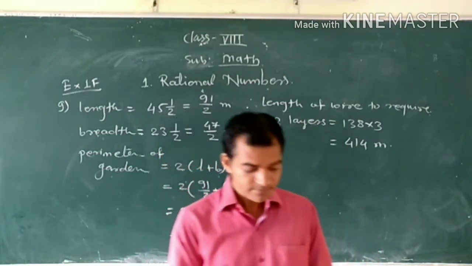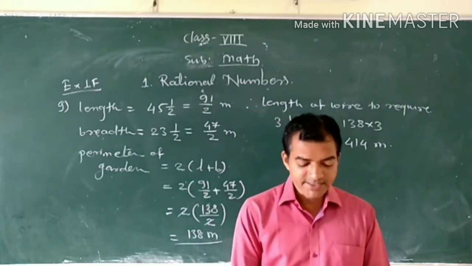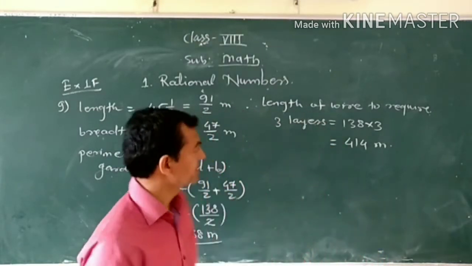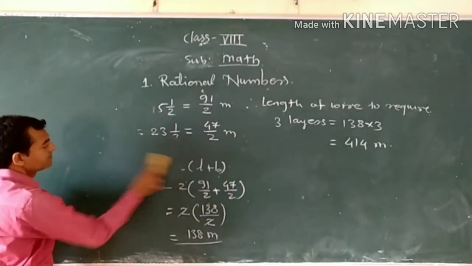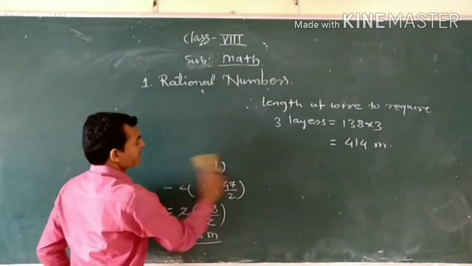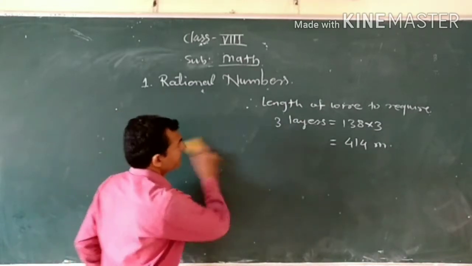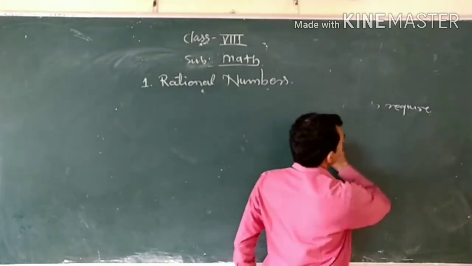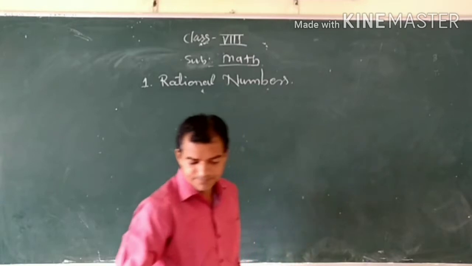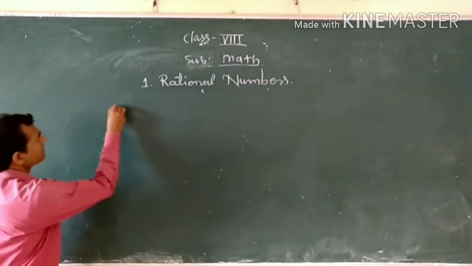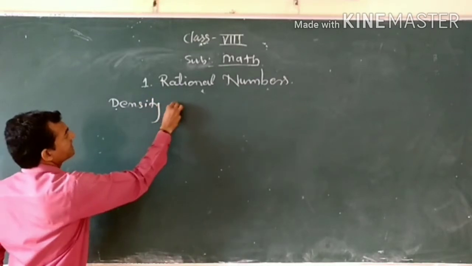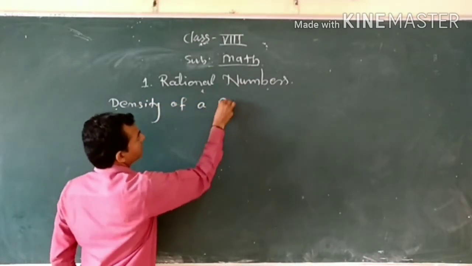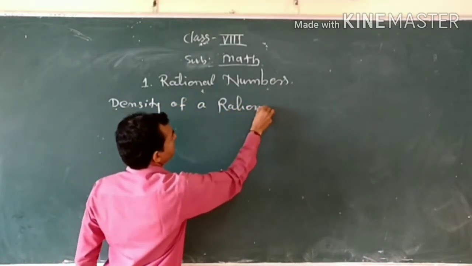Okay, understood? Now write down density of rational numbers. See here, what is density? Density of rational numbers.